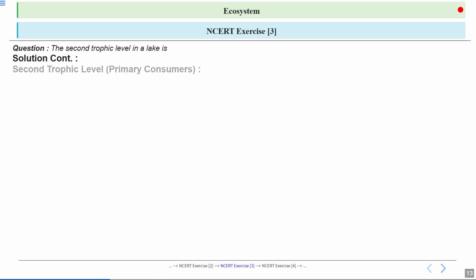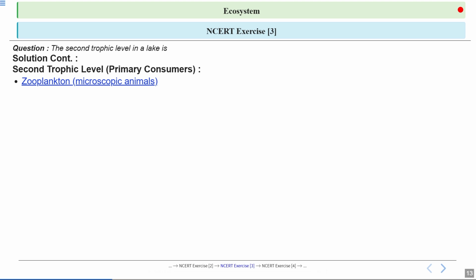Now, let's continue the discussion. Let's talk about the second trophic level, which are the primary consumers. So these organisms are the herbivores of the water. They get their energy by eating the producers. So zooplanktons are the microscopic animals found in water bodies, playing a vital role in the aquatic food chain by feeding on phytoplankton and serving as food source for small fish.